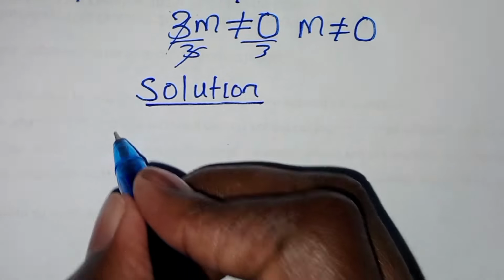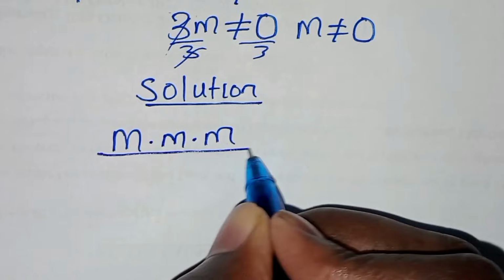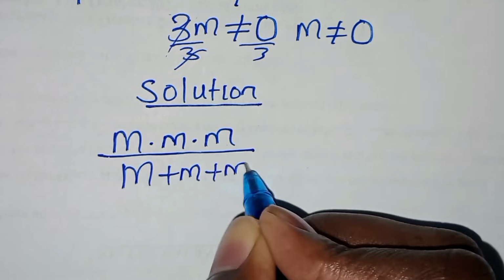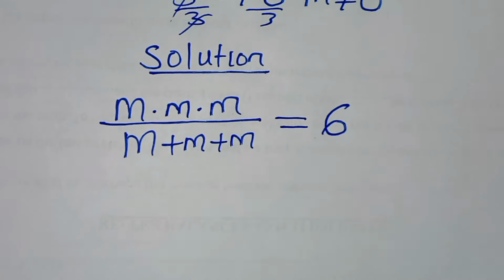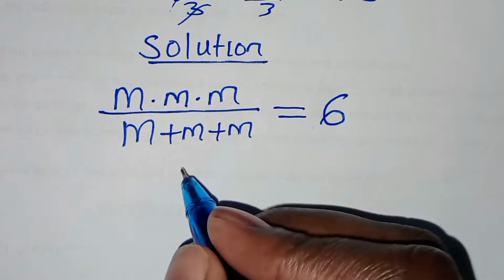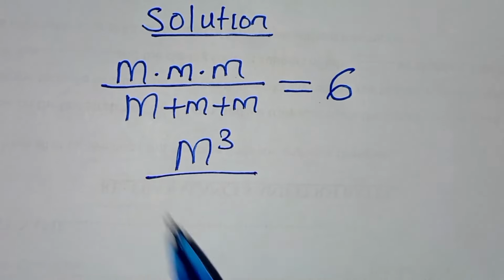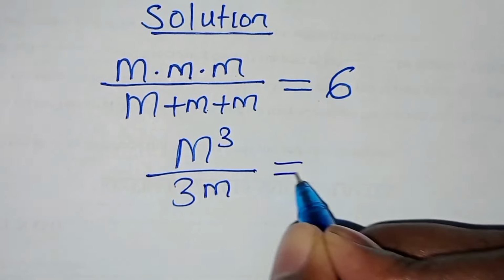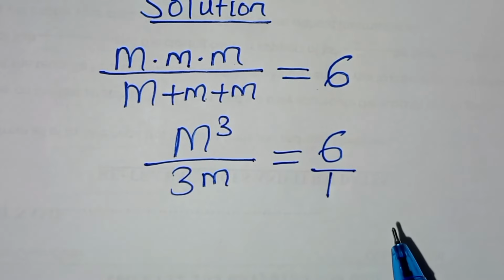Now, we have m times m times m divided by m plus m plus m, equal to 6. So m times m times m is m to the power of 3, divided by m plus m plus m, which is 3m, equal to 6. 6 is our number, so this is over 1.